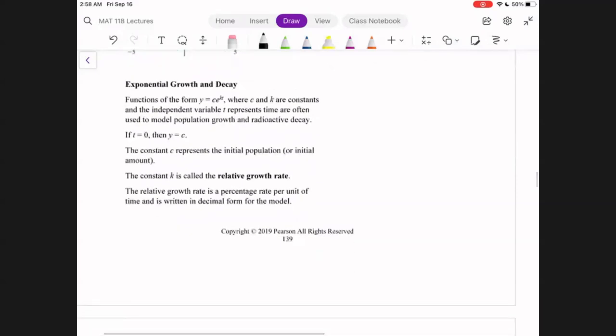And it talks about exponential growth and decay here. C and K are the constants, okay? When you have time 0, C is typically referred to as the initial amount or initial population, and K is the relative growth rate.